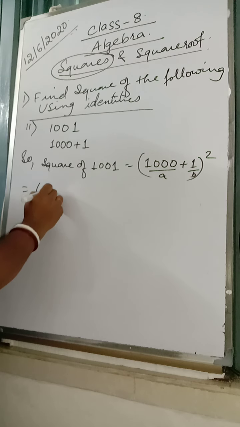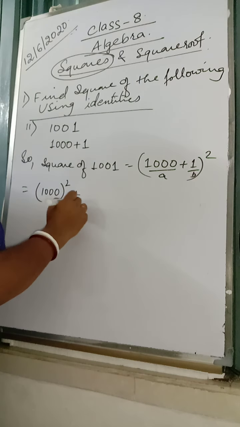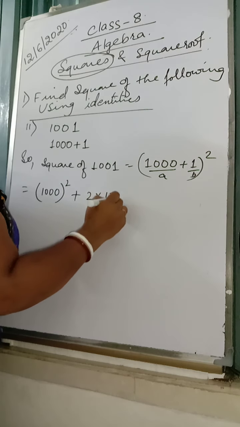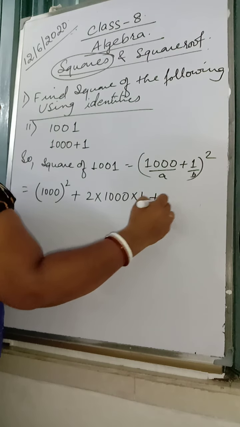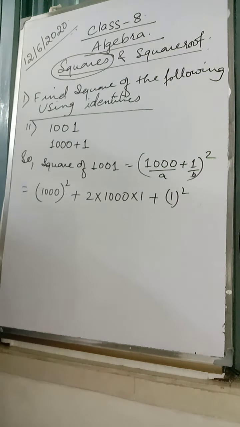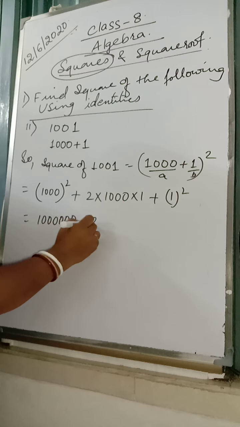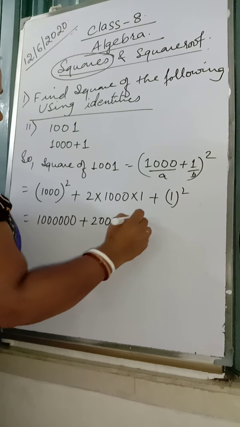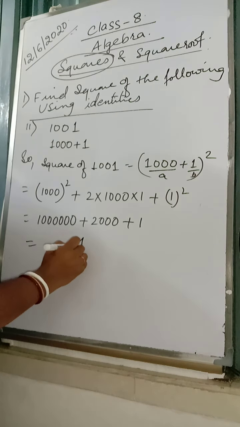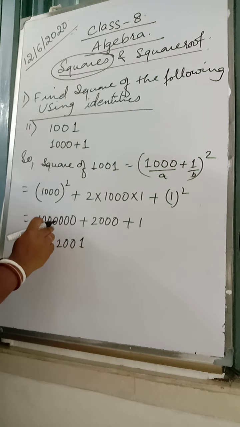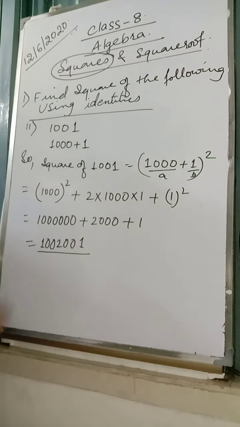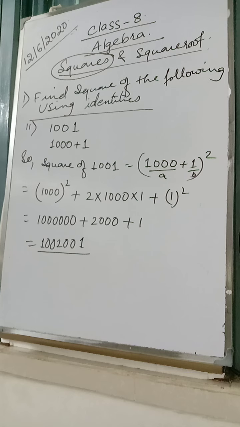A square, so 1000 square, plus 2ab, so 2 into 1000 into 1, plus b square, so 1 square. 1000 square means 1, then 6 zeros, plus 2000 plus 1. Now just add it up. So this would be the square of 1001. This is the first identity we have used.